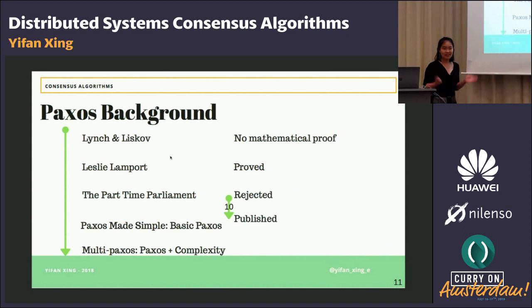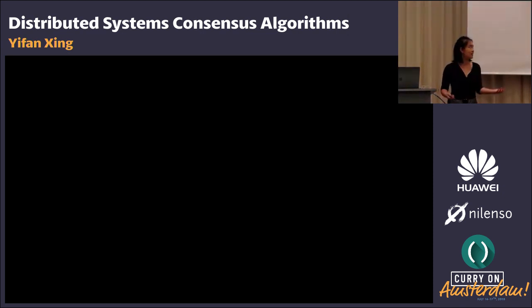So he then went to a conference, and people were asking, like, oh, I know you published this paper called Paxos something. Can you just describe to me how it works? I don't really understand your paper. And he explained to people how Paxos works. And then people understood, and he was like, oh my God, I'm going to write another paper and call it Paxos Made Simple. So he published this paper which describes basic Paxos.